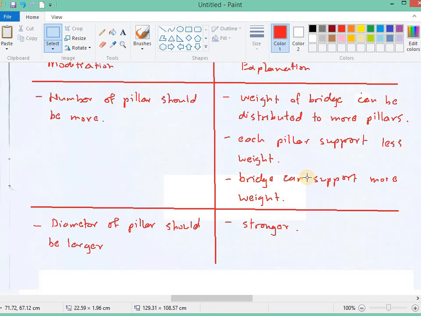Maybe this one also can, maybe this one also can, so we write everything that we can think of, and then the examiner will choose. Who knows? Maybe bridge can support more weight, cannot accept, and then you have 2 other points to backup.